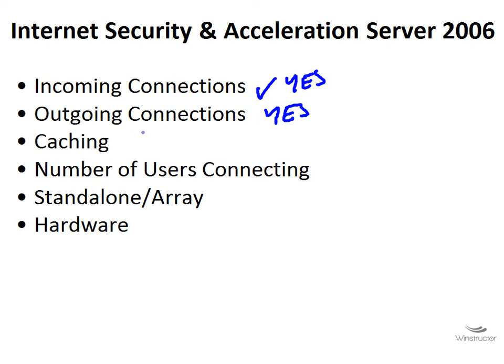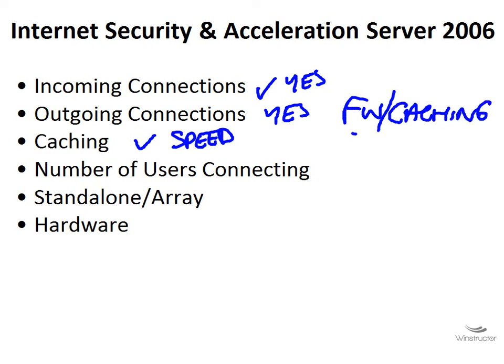Now would you like ISA server to provide local caching services to speed up internet access for our users? Sure, why not? So what we're really getting at here is, do you want ISA server to be a firewall? Or do you want it to be a caching server? Or do you want it to be both? Now in most cases, we'll be configuring it to do both of these things.